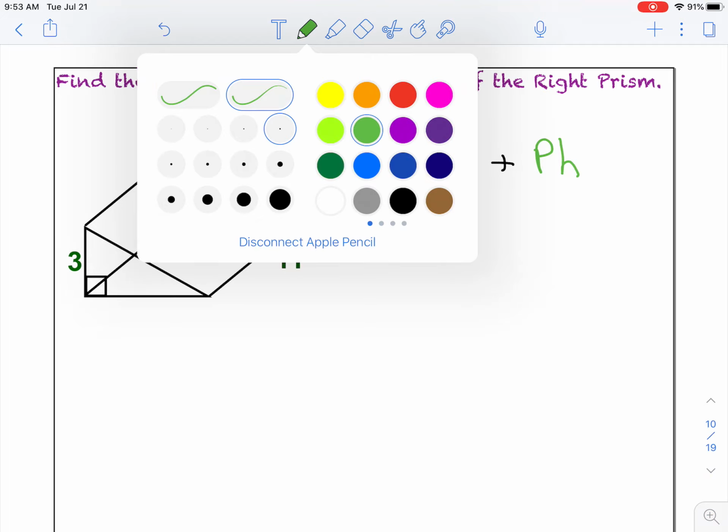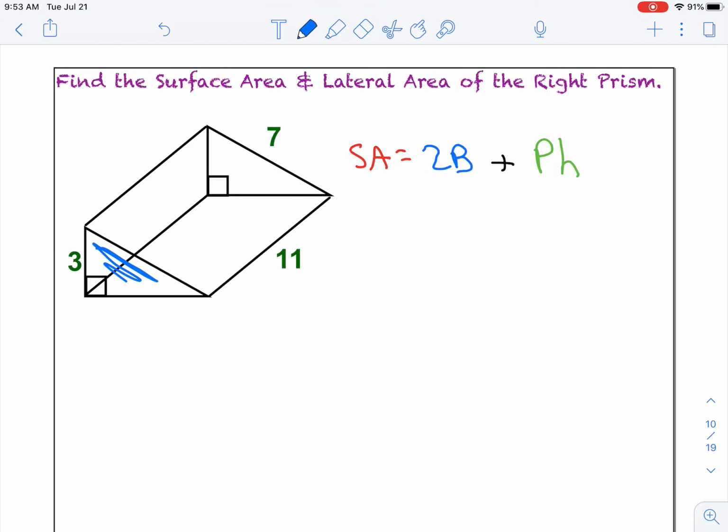This is a triangular prism. There's your base, and there's your second parallel congruent one. So our surface area is going to be 2 times 1/2 the base of the triangle times the height of the triangle. My height of my triangle is 3, but my base, I don't know. I'm going to have to find it.